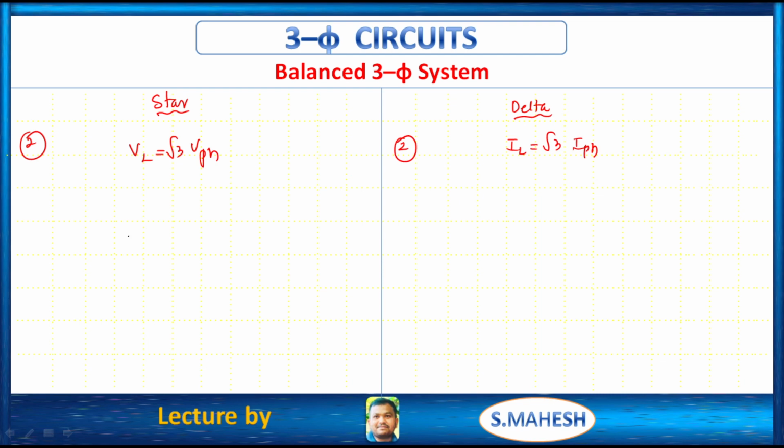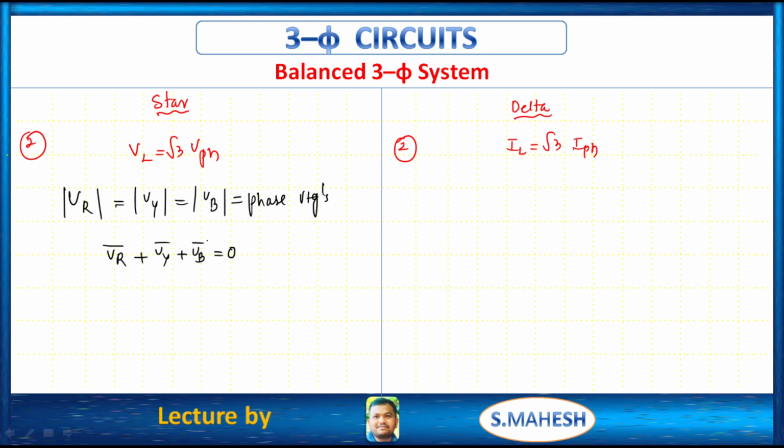So in this case, VR, VY, VB are nothing but what? Phase voltages, right? Therefore, VR plus VY plus VB should be equal to 0.